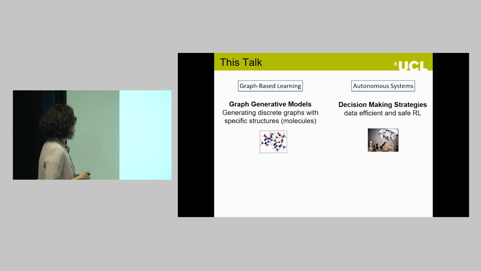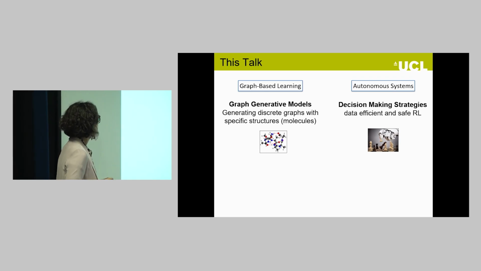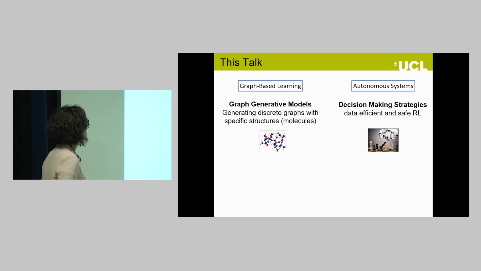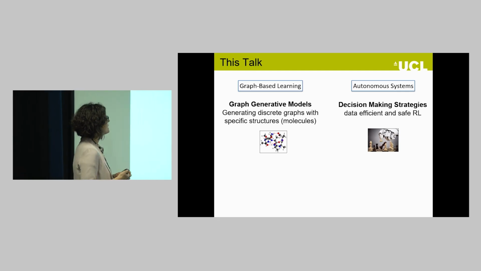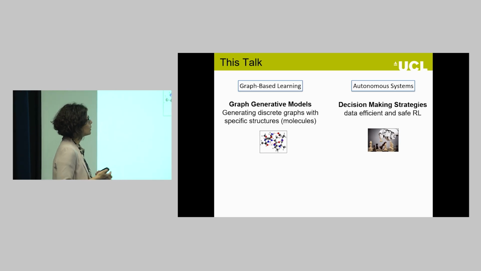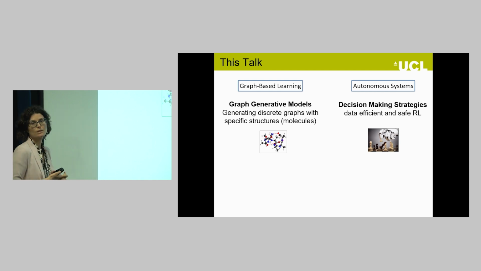So today, out of all these topics, I'm going to talk mainly about graph-based learning strategies, with the application of generative models for graphs and molecules in this case specifically. And then, in the idea of the work we do on autonomous systems, I'm going to discuss a little bit about decision-making strategies.